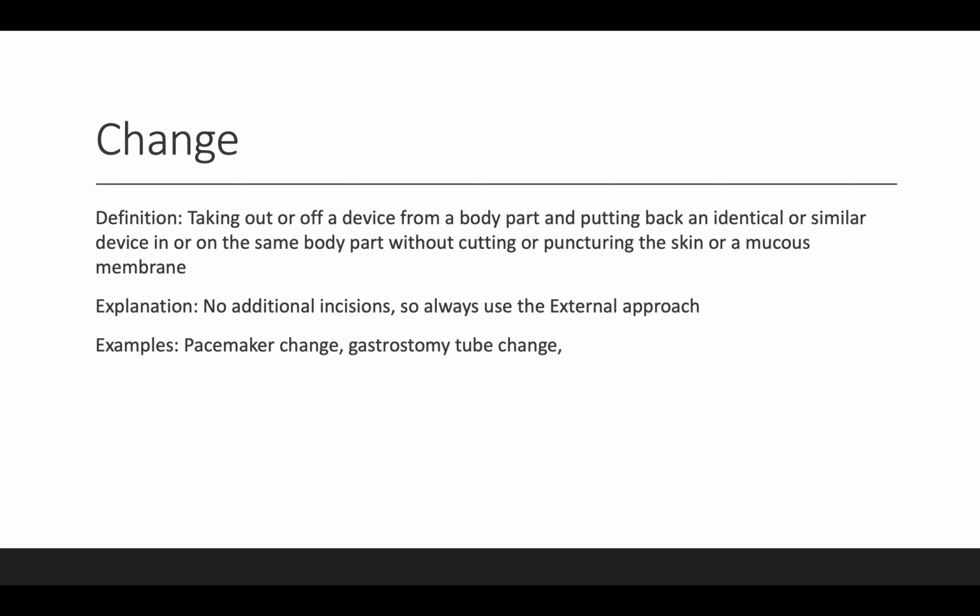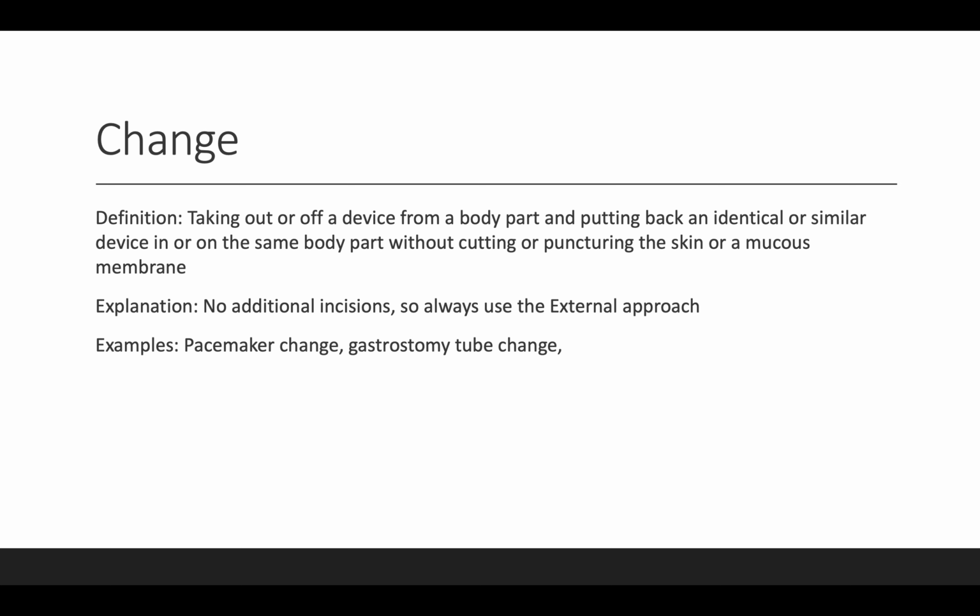Change root operation. Definition: taking out or off a device from a body part and putting back an identical or similar device in or on the same body part without cutting or puncturing the skin or a mucous membrane. To know that this is the objective of the procedure, there are no additional incisions, so it always has an external approach.